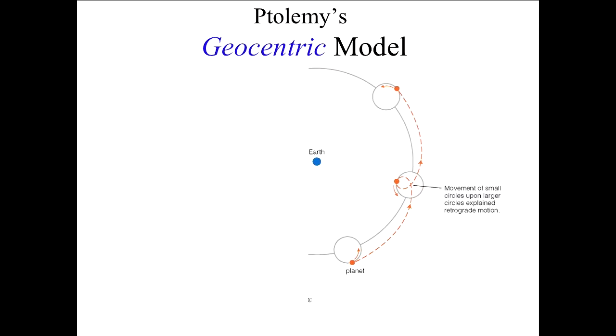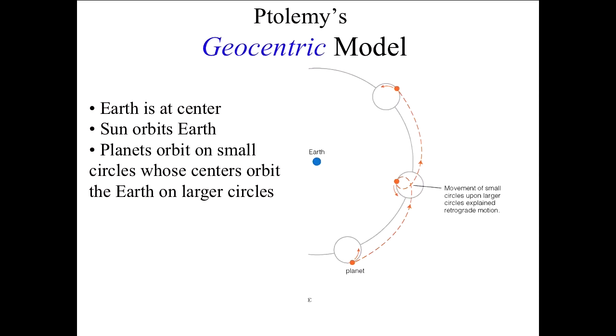One little orbit superimposed on a bigger orbit allows Mars occasionally to go backwards. So it's a very logical model. The Earth is clearly at the center. The Sun orbits the Earth. The planets orbit on small circles in addition to the big orbital circles. And the small circles were called by the Greeks epicycles. This is a simple model that preserves the obvious intuitive fact that the Earth is stationary.